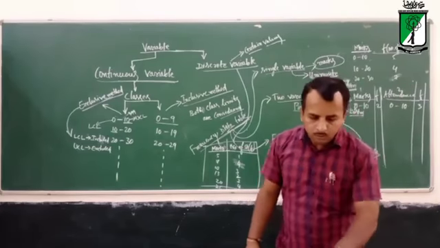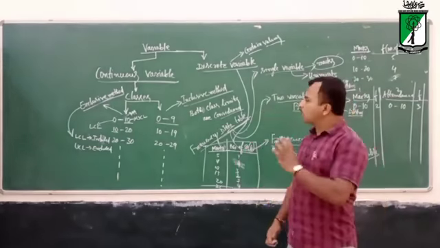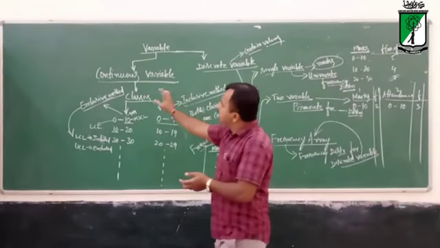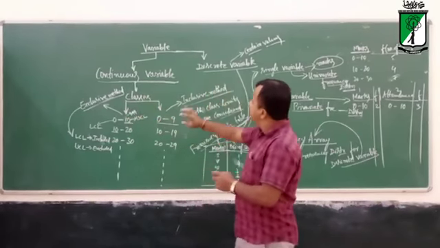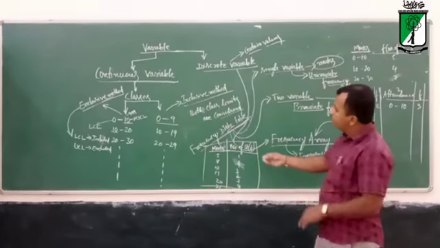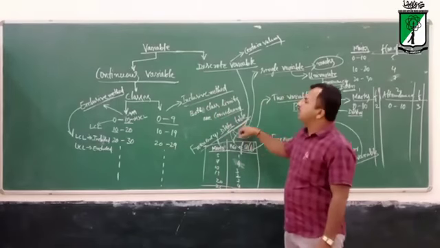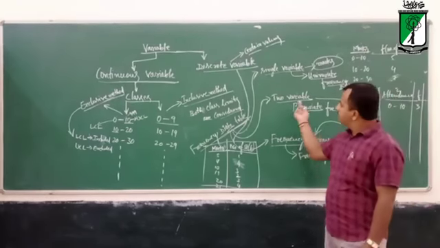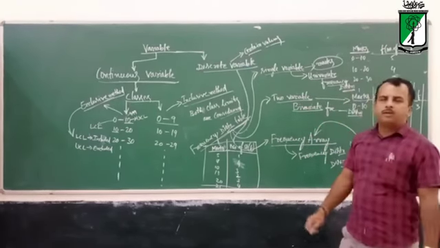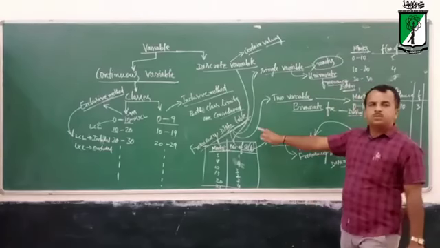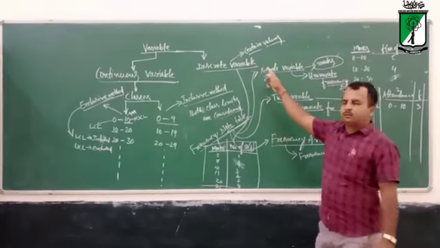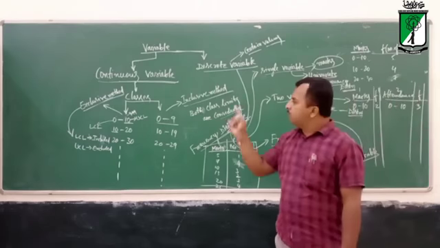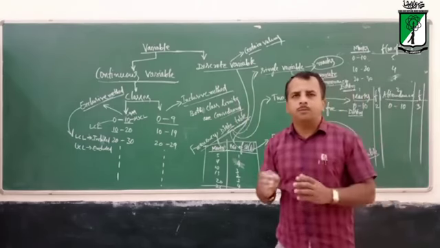Hope you are clear about the different types of variables and also the different classes under the continuous variable: one is the exclusive method, another one is the inclusive method. And for the frequency distribution table, if it is for a single variable, it is a univariate frequency distribution. If it is two variables, it is called a bivariate frequency distribution. If the frequency distribution is done for a discrete variable, it is called a frequency array. Hope you are clear about all these important points.